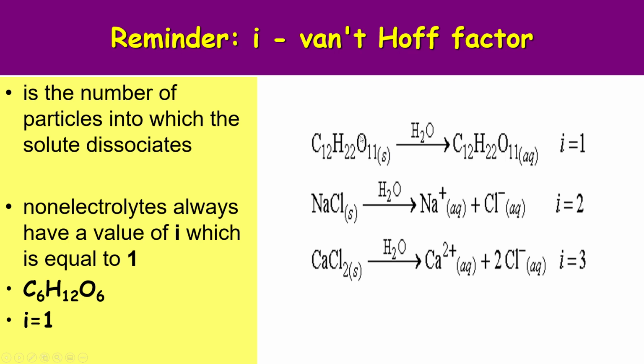They stay intact as a molecule, so their van't Hoff value is 1. That is unlike ionic compounds, which will break up into their constituent ions. And if we look at this all here, we can see the calcium chloride, even if we put in 1 mole of each of these, is going to have a van't Hoff value of 3 due to the fact it breaks up into 3 pieces versus this, which would be 2, and this molecular compound, which would be 1.